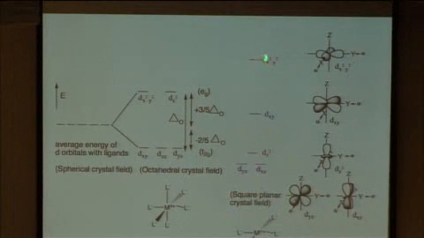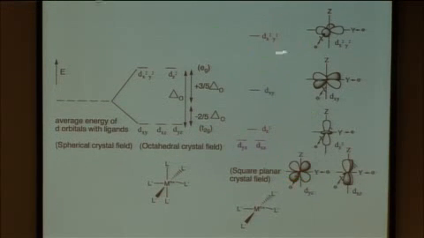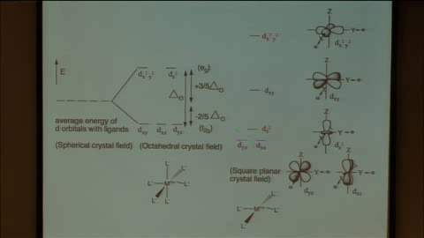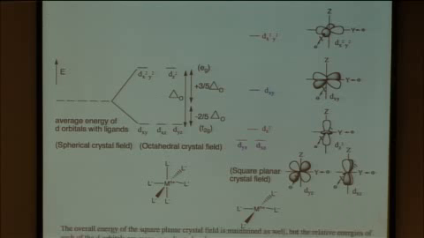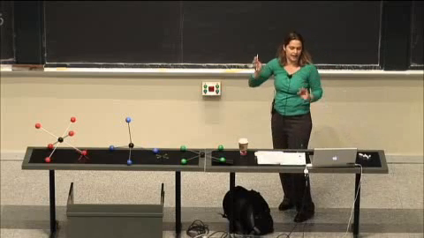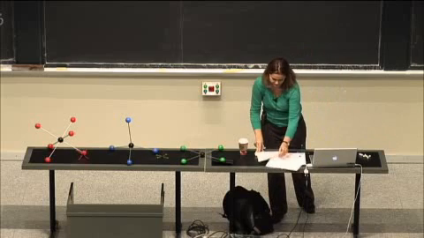Now, the exact arrangement can vary a little bit, but the important points are that dx squared minus y squared is the most destabilized, dxy would be next, and the others are much lower in energy. And we're not going to do the 3/5 and 2/5 up and down accounting like before, because it's more complicated in this case. So just the basic rationale is what you need to know here, not the exact energy differences in this particular case.